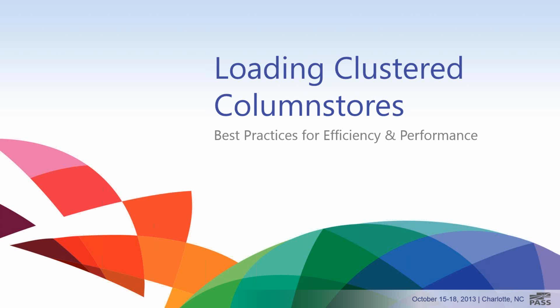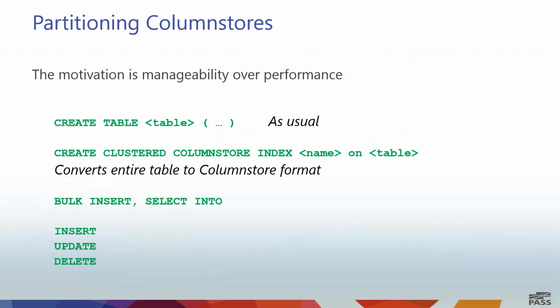All right. So loading clustered column stores, what can we do there for efficiency? This is getting into some things that you guys might be interested in. The motivation is manageability over performance. The idea is that we want to make it very simple to manage column stores.